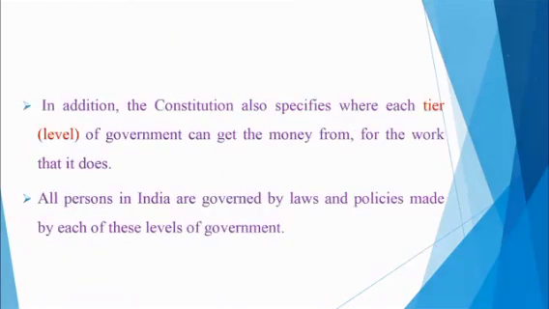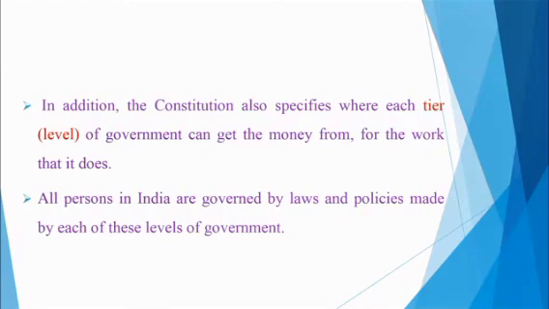In addition, the Constitution also specifies where each level of government can get the money from for the work that it does. All persons in India are governed by laws and policies made by each of these levels of government.